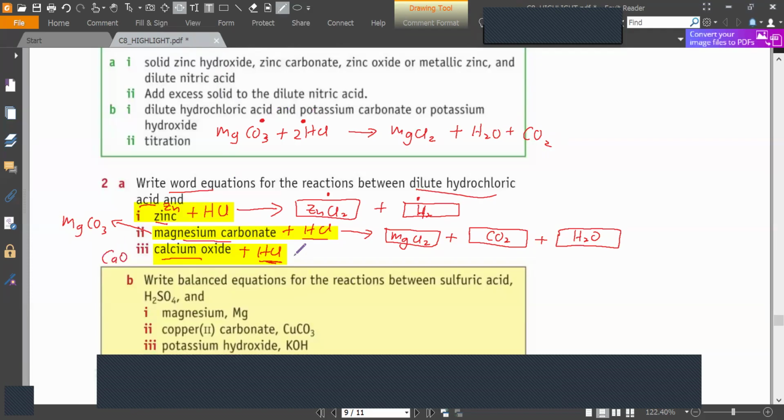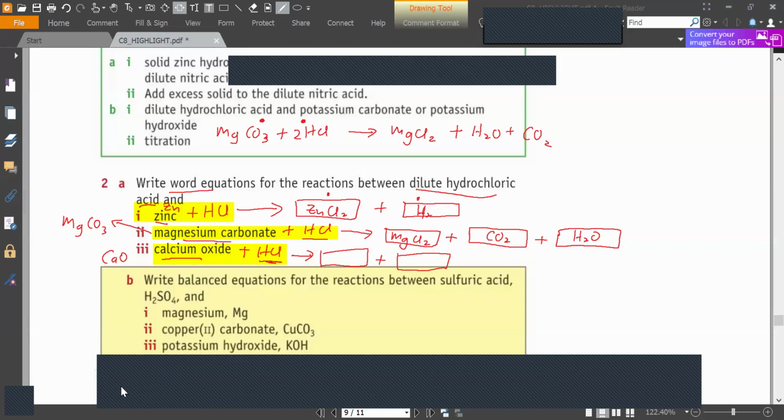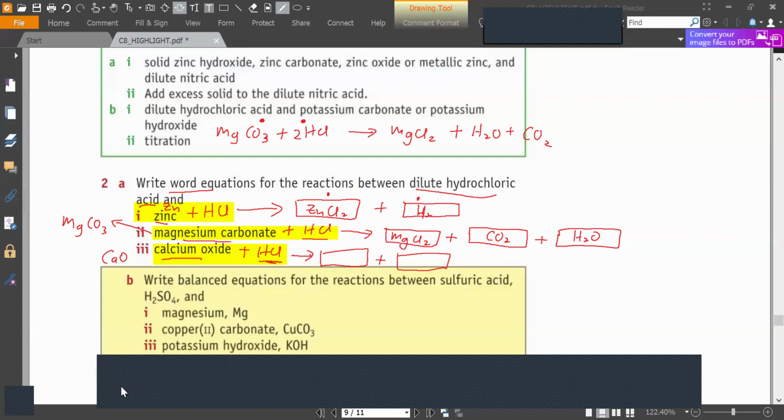Calcium oxide, so we should form 2 products. Try to work out the 2 products. Calcium chloride and water.